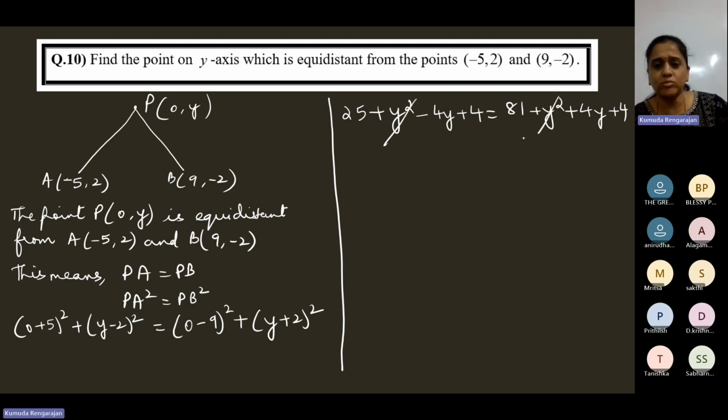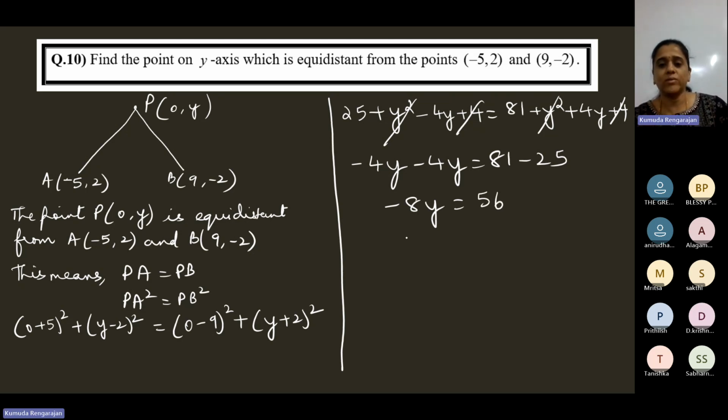Y squared gets cancelled on both sides. Plus 4 on either sides gets cancelled. So we have minus 4y here, and you're going to transpose this, right? So minus 4y is equal to 81 minus 25. So minus 8y. Very good. Is equal to 56.